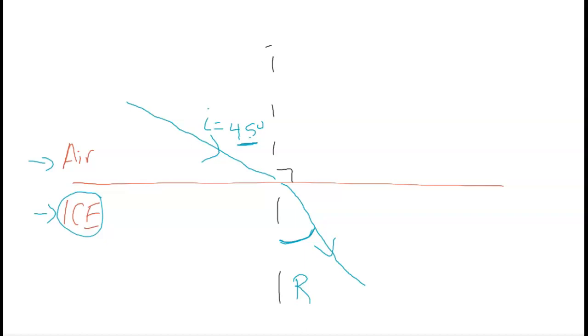Any answer that would be larger than 45 would mean that ray right there moved away from the normal. But it should be moving towards the normal. And so the fact that I get an angle of 33 degrees for my angle of refraction makes sense in this question, and so I can be confident in that answer. So just a reminder to always try to think about whether your answer is reasonable or not before you decide that you're all done.